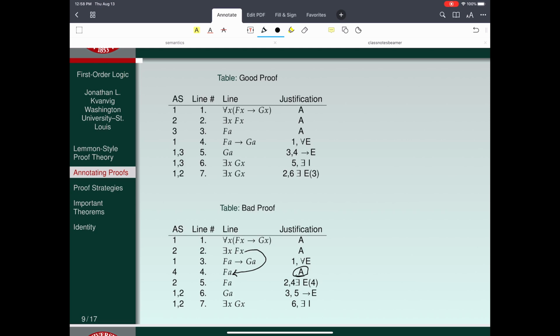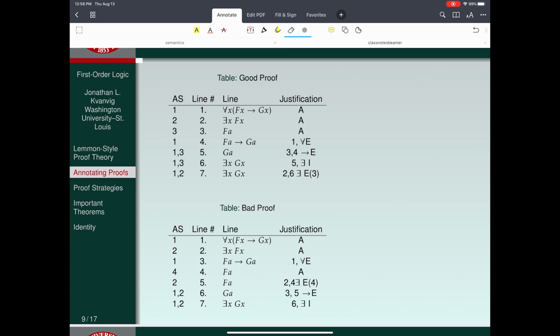There's nothing wrong with line 4. And there's nothing wrong in principle with the idea of using line 4 by citing the existential elimination rule. So at line 5, that's what I do. I treat line 4 as the derived formula from an initial assumption that I made for purposes of existential elimination.